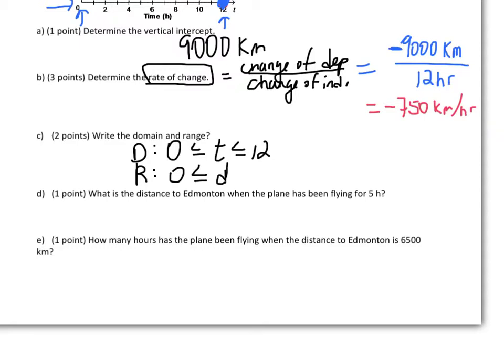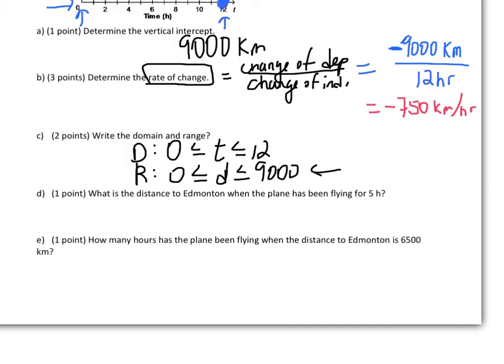We're talking about distance, I believe, d. And the greatest distance is 9,000 kilometers. Okay, so there's our domain and range. Notice that it's written this way and not as a set of 0, 1, 2, 3, 4, 5, and so on, because it's every single value.